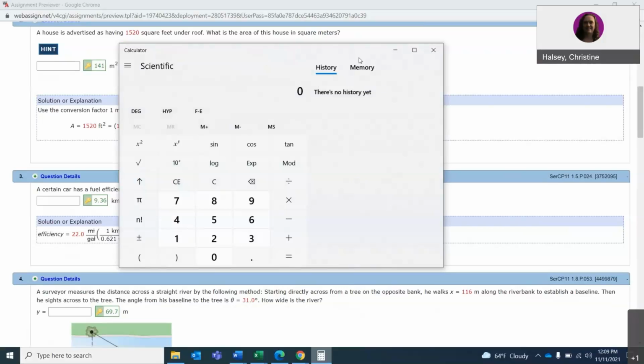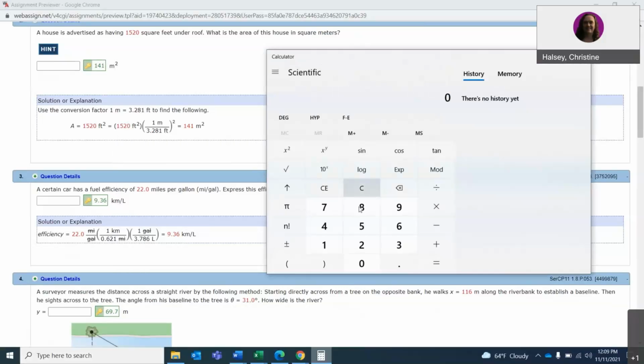If I use my handy dandy Windows calculator, I have 1520 times 1 divided by 3.281, and I want that squared.